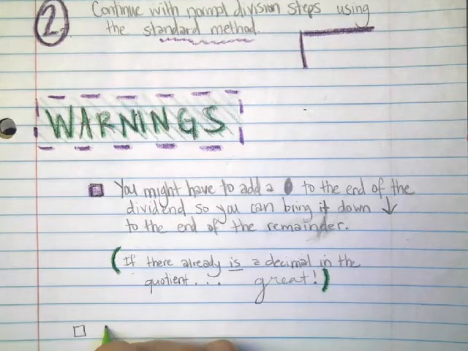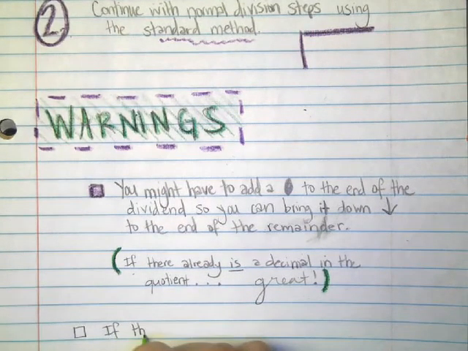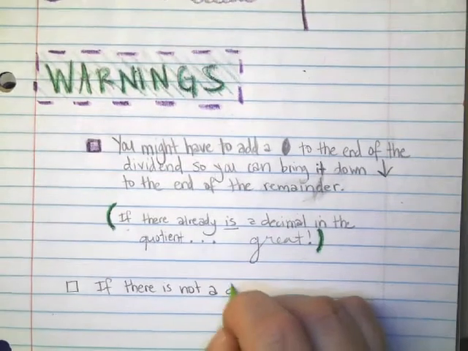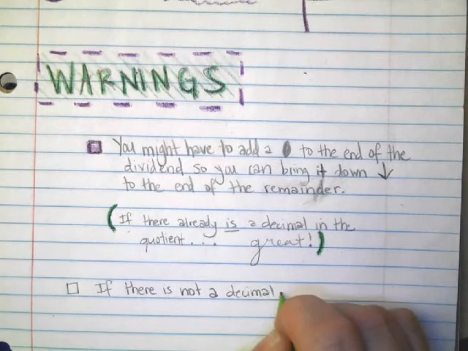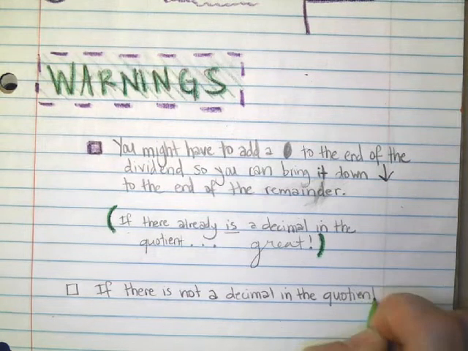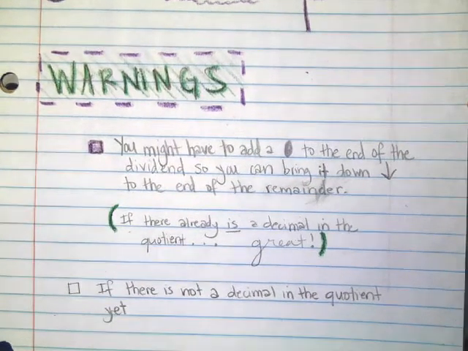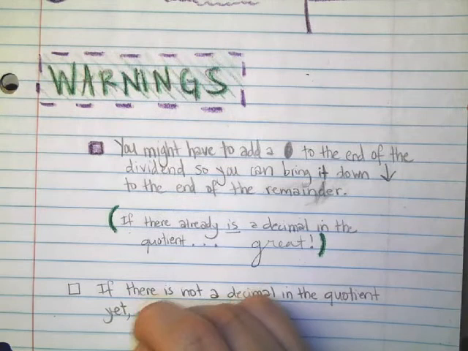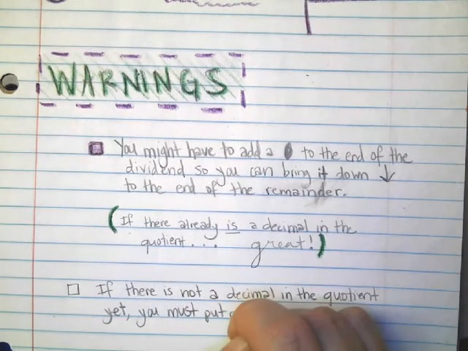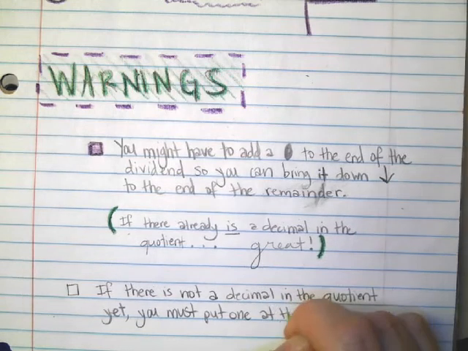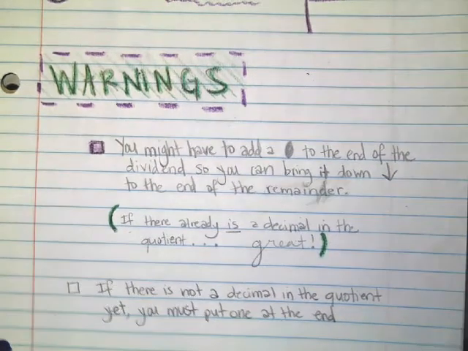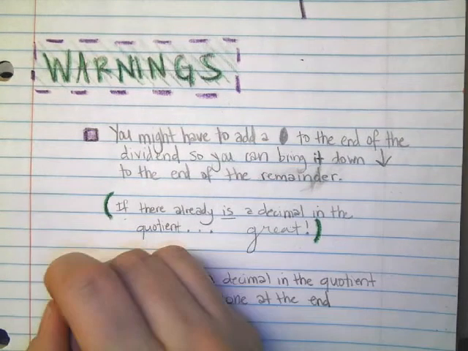But on this one, if there is not a decimal in the quotient yet, you must put one at the end.